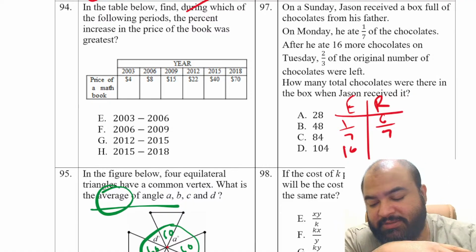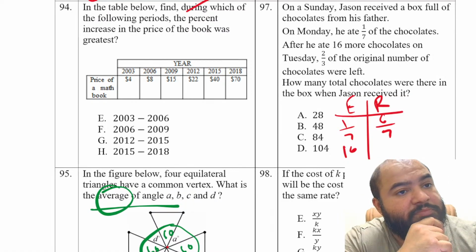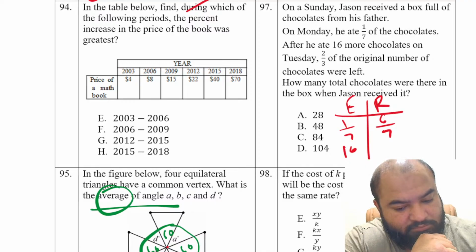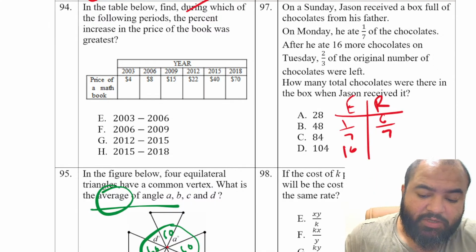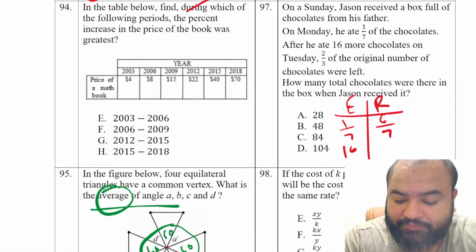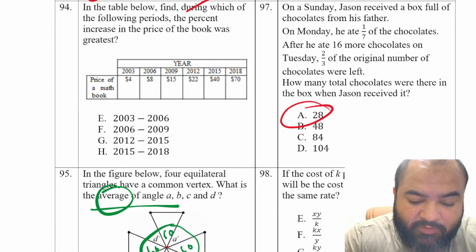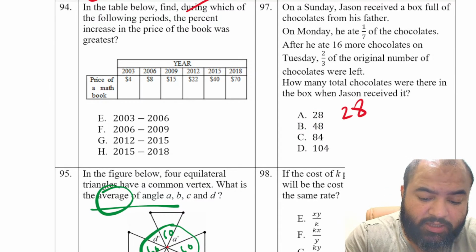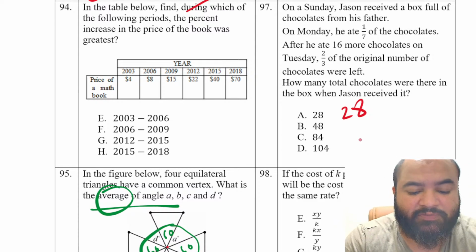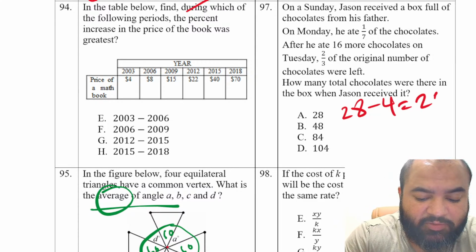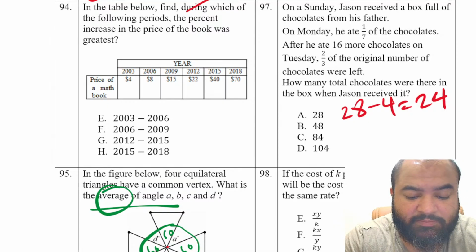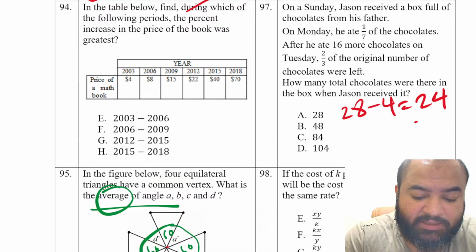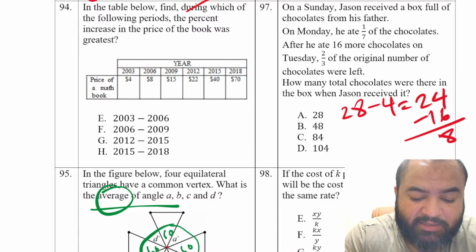Can we try out the options? Let's say 28 was the total chocolates. If Monday he ate 1/7, 28 divided by 7 is 4. So minus the 4, there will be 24 chocolates. And then 16 more chocolates he ate the next day, minus 16, that's 8.